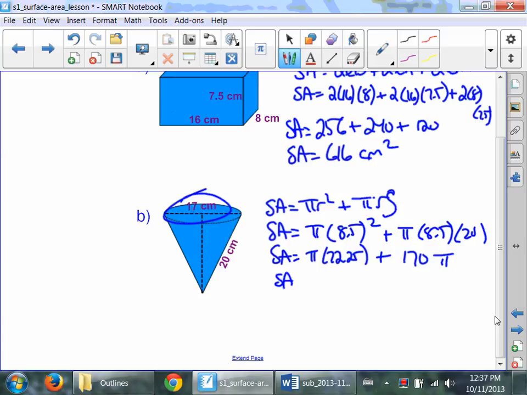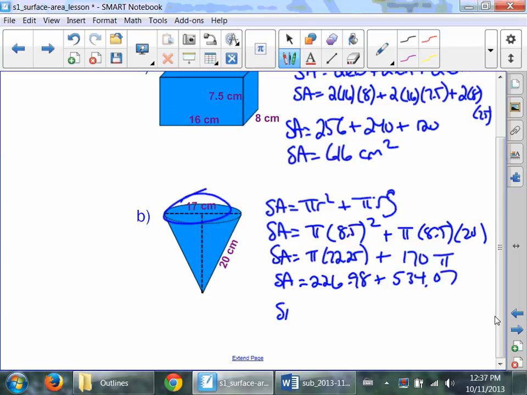So pi times 72.25 equals 226.98 plus pi times 170, and that's 534.07. 2 decimal places is sufficient.